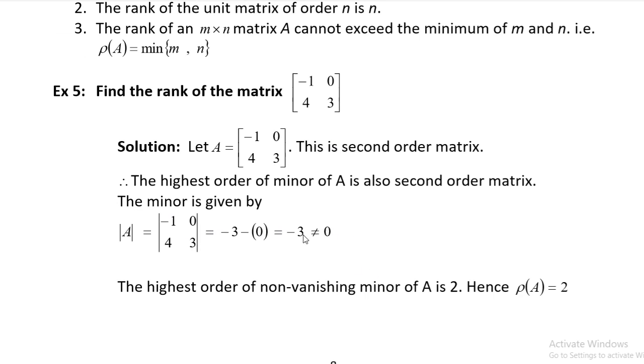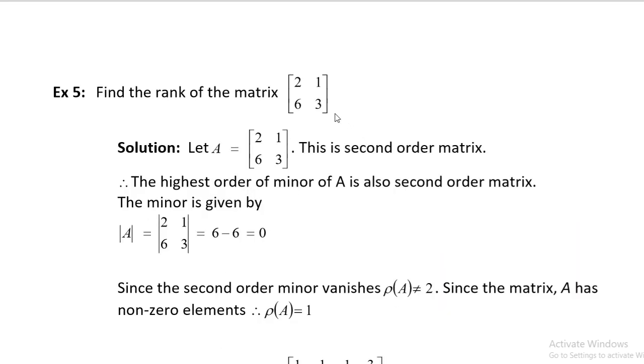If this was 0, then the rank would become 1, because it will be 1 less, and because there is no 1 by 1, if all entries are 0, then the rank is 0. Because the second minor is not 0, rank is less than 2, so there is only one possibility, it is 1. So if it is non-zero, then the rank is 2, no problem.